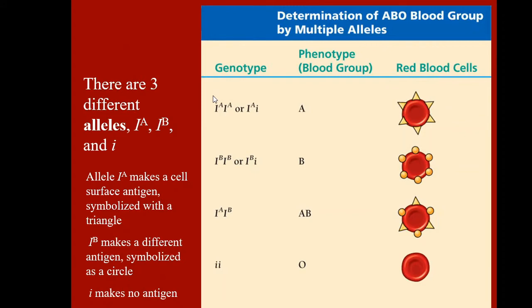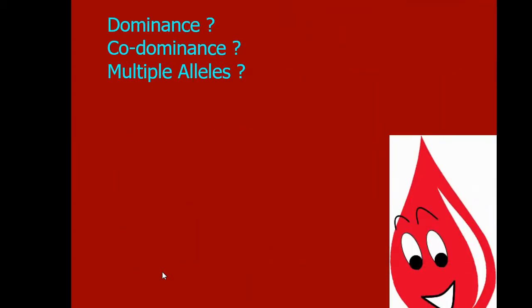Yes, so you can see here the table. There are 6 possible genotypes and 4 possible phenotypes present. So that is why we can say that Mendelian inheritance is not applicable 100% in the case of this ABO blood group inheritance. And as I told you, the human ABO blood group is the example for dominance, codominance and multiple allelism.